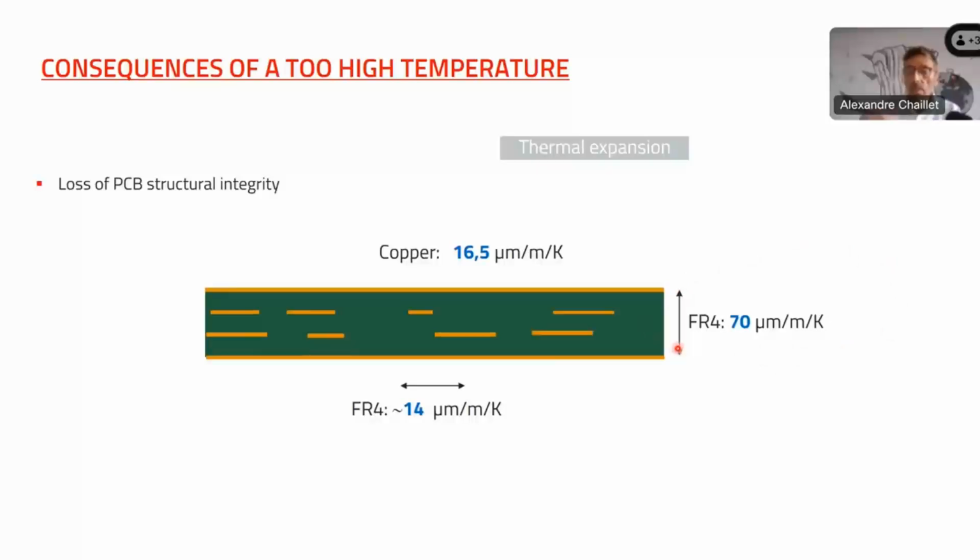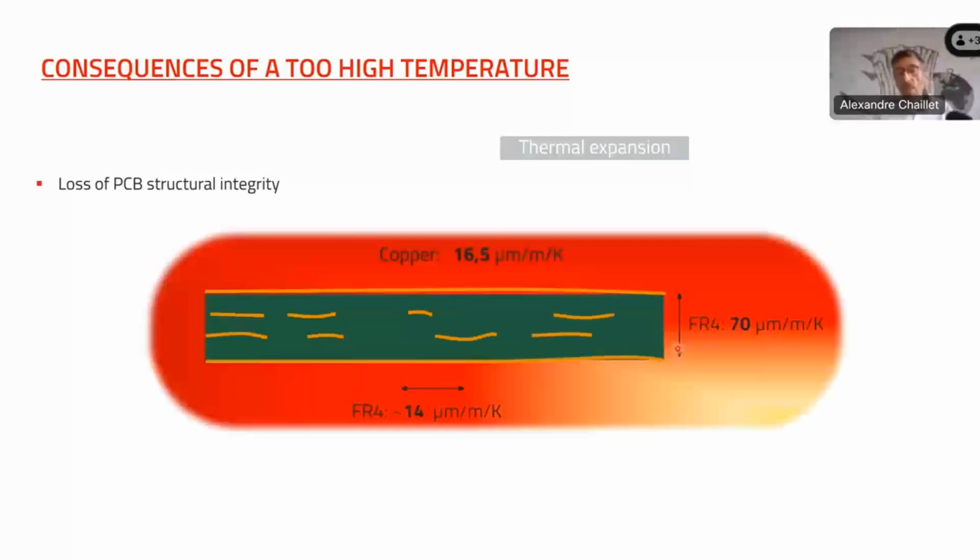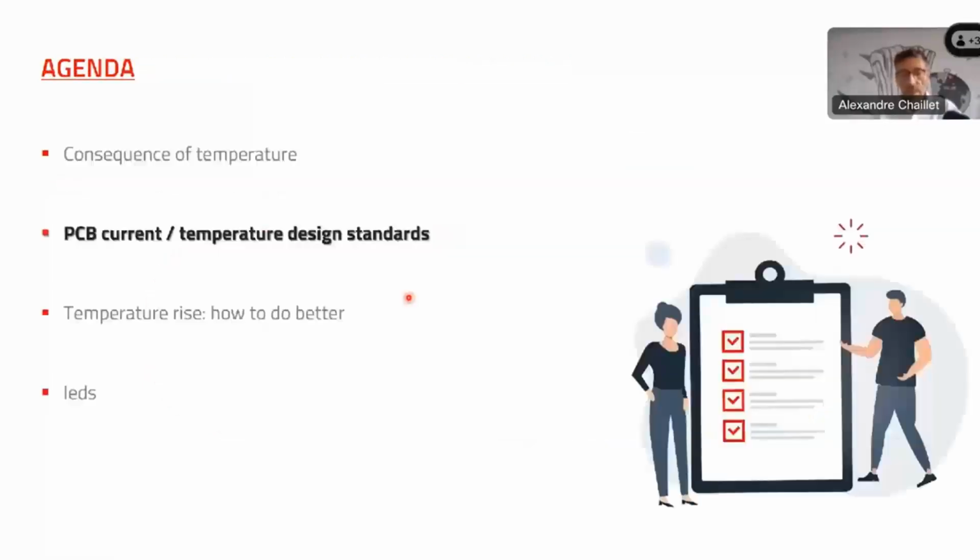So if you heat your PCB too much, you will have different ways to expand your material. And so at the end, if there is too much temperature, then you could have a delamination of your copper traces. And of course, that's an issue for everything: signal integrity, power, and everything.